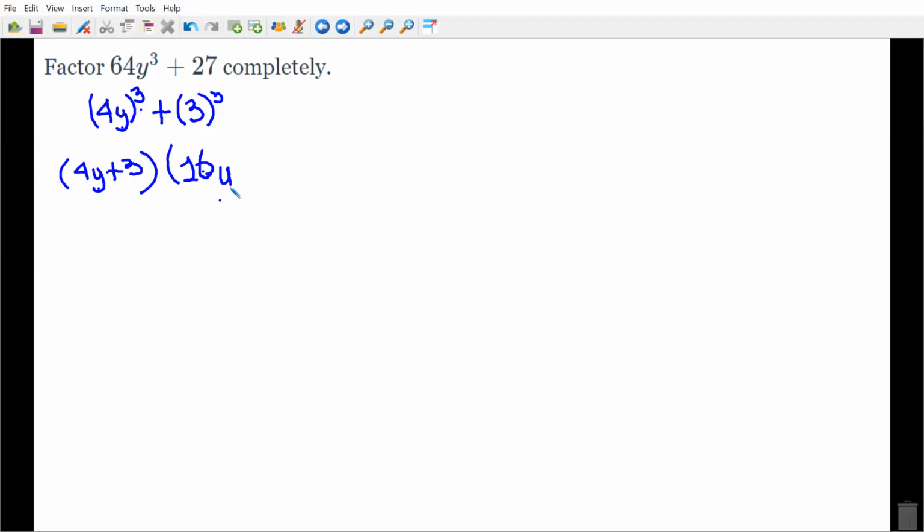16y squared minus 4y times 3 is 12y, and then plus 9.